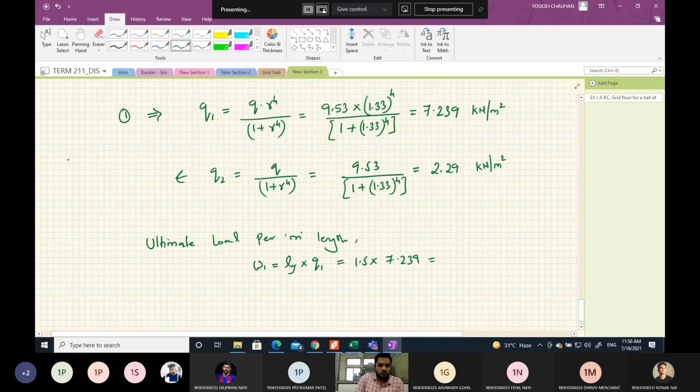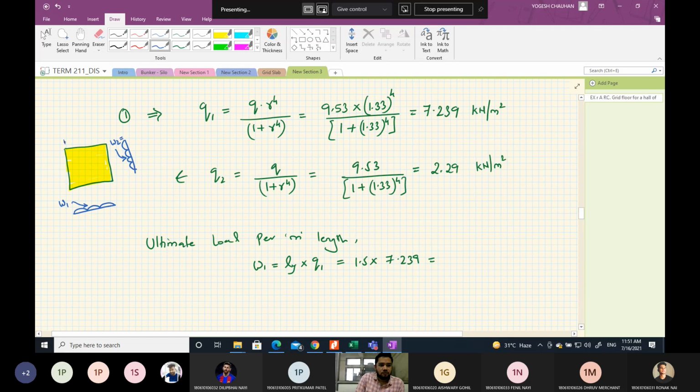See, note that whatever load we got, that is per square meter, is uniformly distributed on the entire floor area. Now our interest is to find the bending moment, so we convert this into a strip loaded with the UDL of W1, and this is loaded with W2.